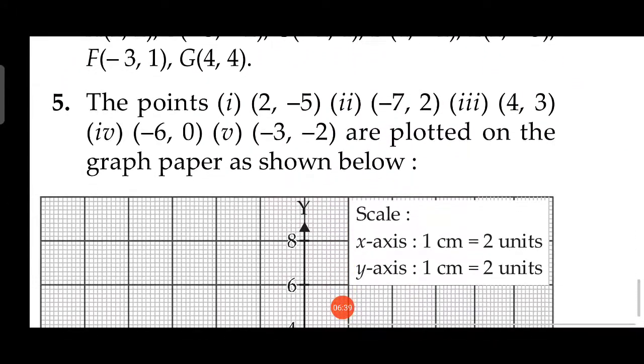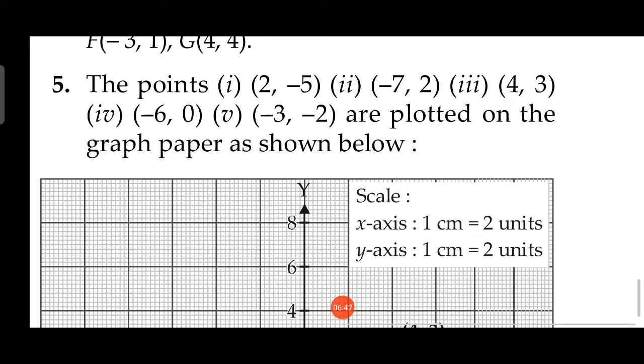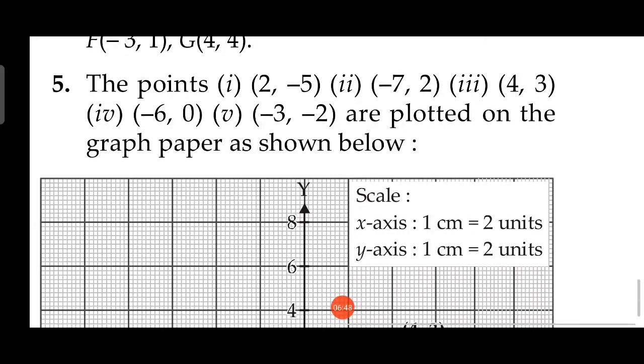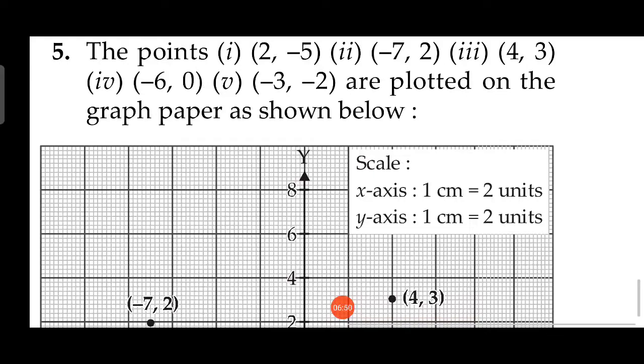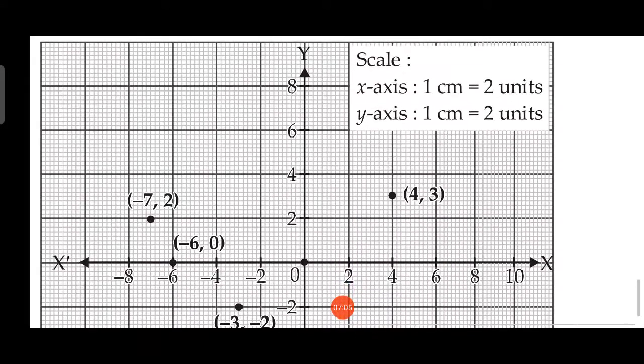Now question number 5. Plot the following points on graph paper, choosing a proper scale. Here the points given are 2 and minus 5, minus 7, 2, 4, 3, 6, minus 6, 0, minus 3, minus 2, plotted on the graph paper as shown below. Here this is a graph.